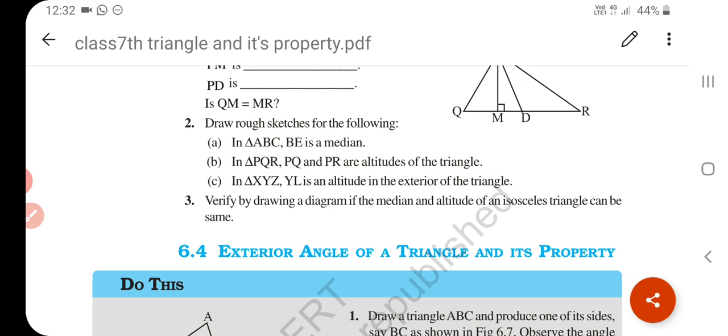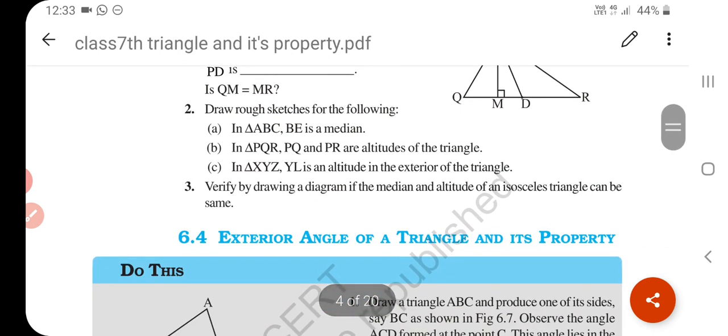If you draw triangle PQR, and PQ and PR are the altitudes of the triangle, you have to make a rough sketch of it. Okay, in triangle XYZ, YL is an altitude in the exterior of the triangle. So you can draw an exterior altitude.